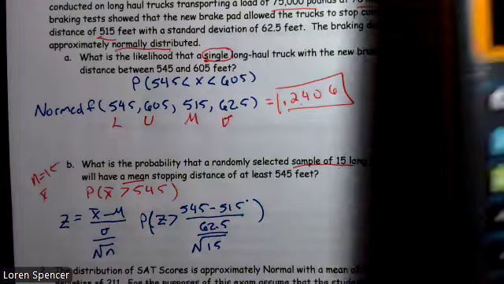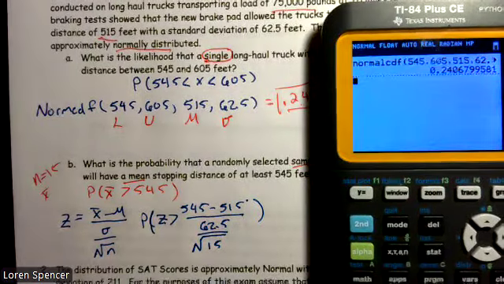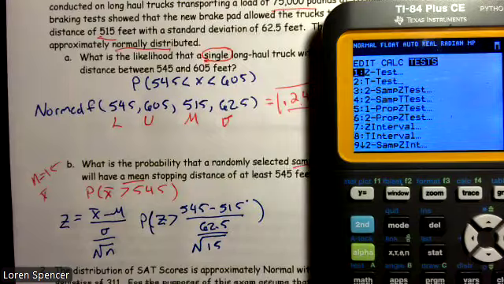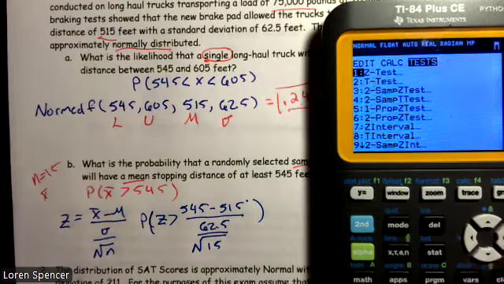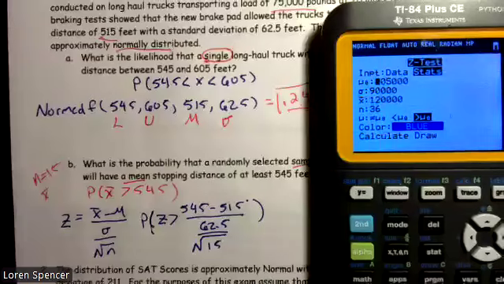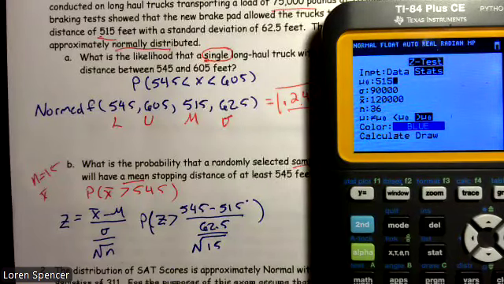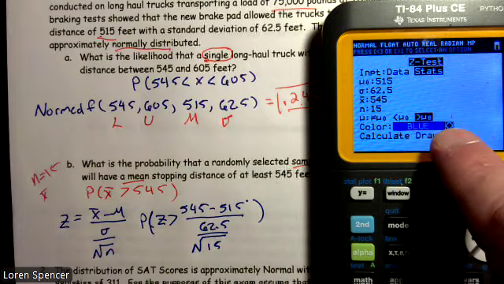So I'm going to go run a stat test z-test and see what we get out of this. Stat test, because anytime we're working with an average or the mean, that's where we want to go. Stat test z-test. And 515 was the mean. We have a standard deviation of 62.5. That's the population. We have a sample mean of 545, and we have a sample size of 15. And we want to know the probability is greater than.